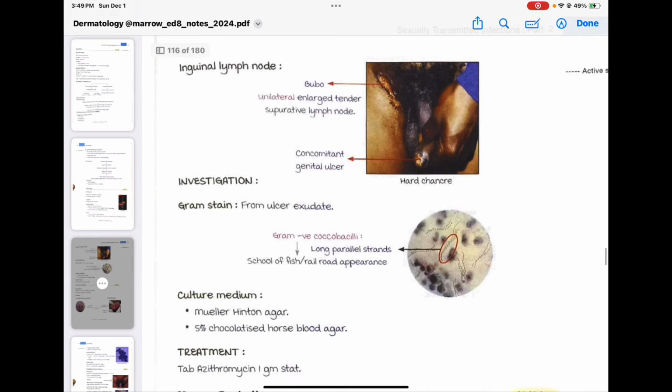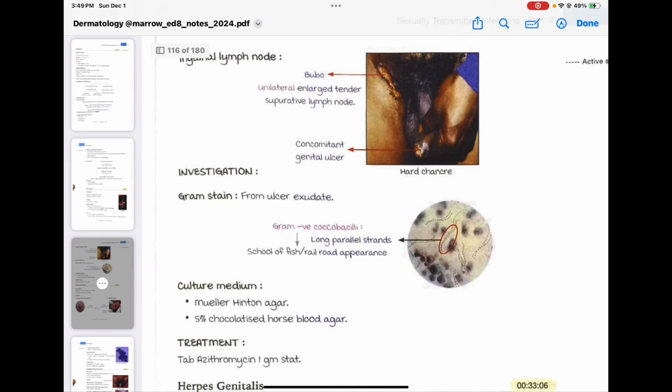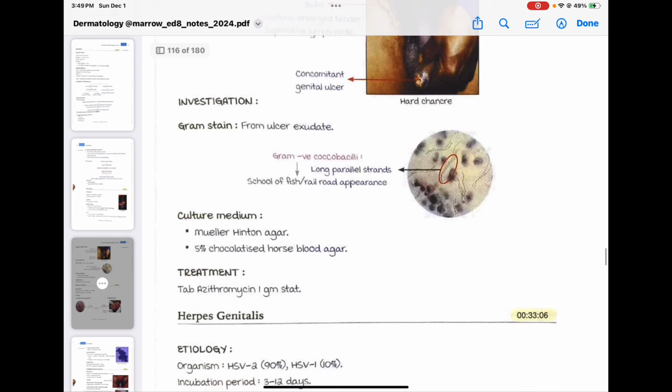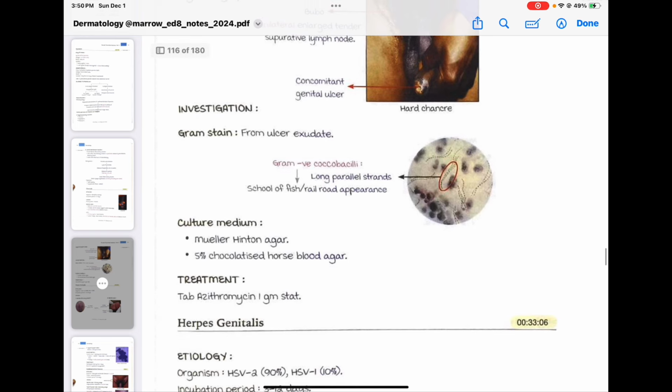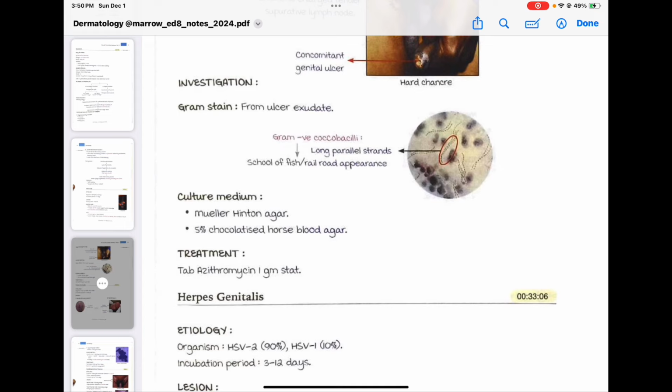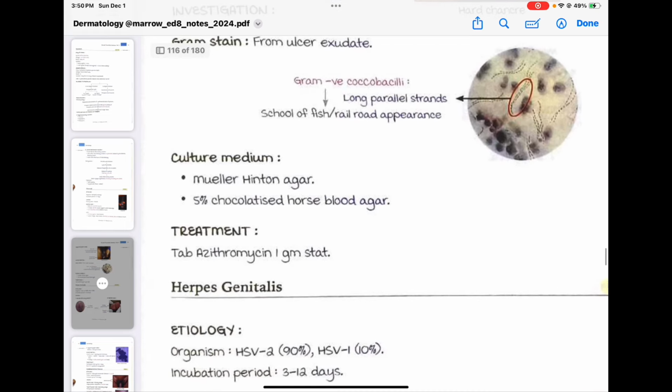Inguinal lymph nodes not involved: donovanosis, though it can have pseudobubo. If involved, they could be non-tender, primary syphilis, where they are rubbery, or tender and bilateral. Bubo absent: genital herpes. Bubo present: check for concomitant genital ulcers. If present, chancroid; if absent, LGV.